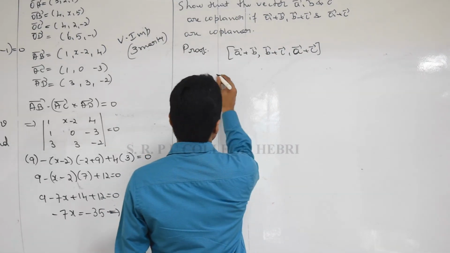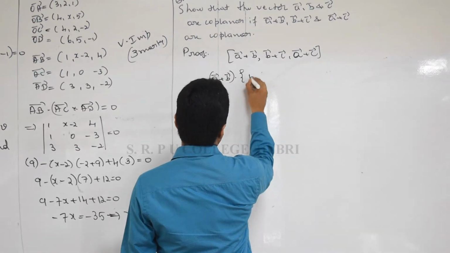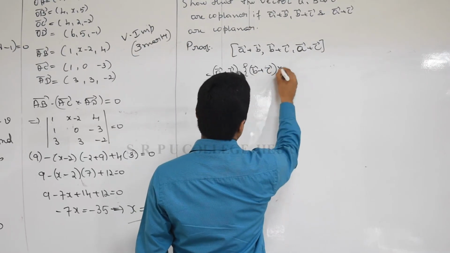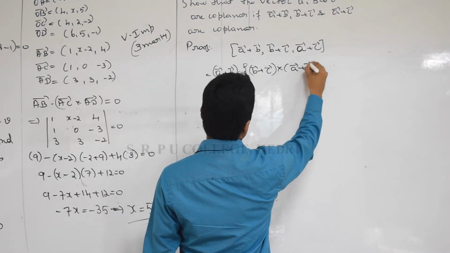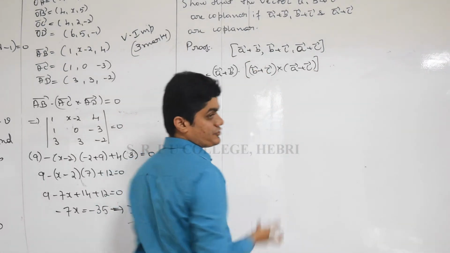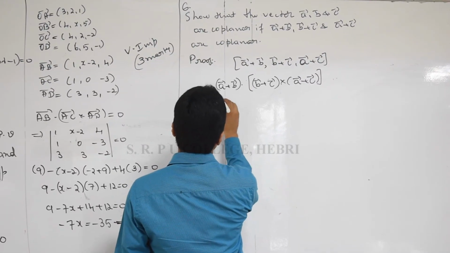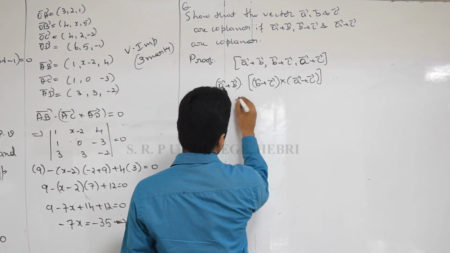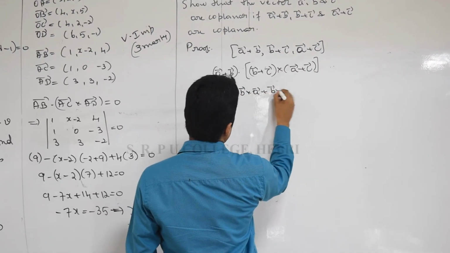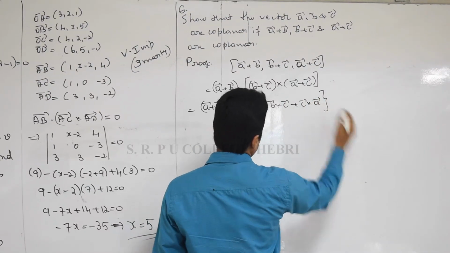Observe carefully. This is nothing but vector a plus b dot vector b plus c cross vector a plus c. Using the definition of scalar triple product, this is nothing but vector a plus b dot b cross a plus b cross c plus c cross a plus c cross c. c cross c is 0.